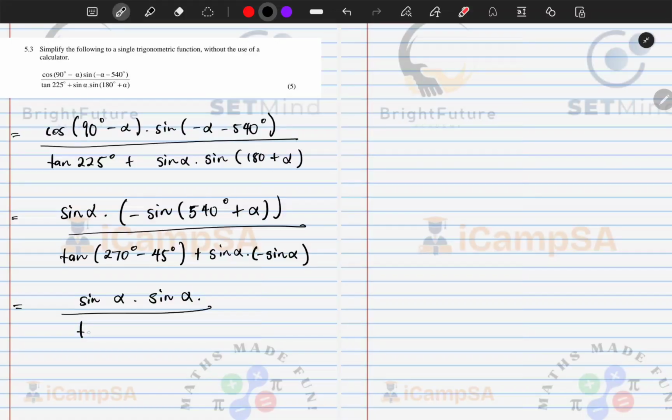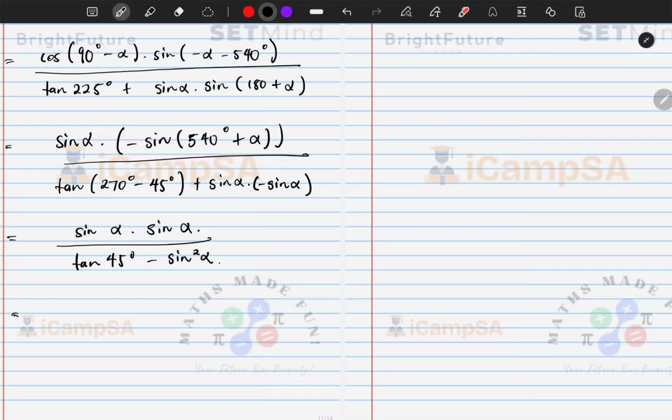And then this can be your tan(270 minus), which is in quadrant 3. And how is tan in quadrant 3? It's positive. So this is going to be tan 45, minus sine squared alpha, because sine times sine is going to be sine squared alpha.